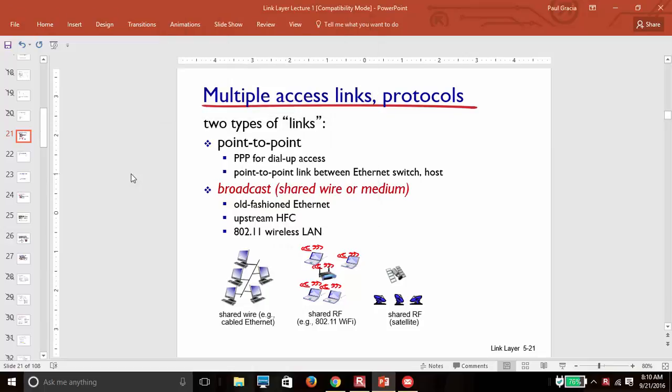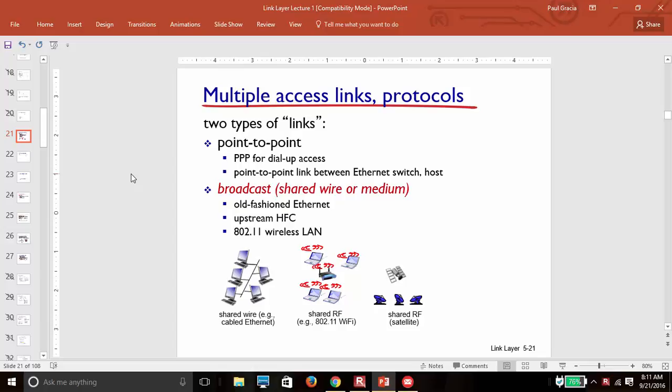Okay, next we're going to talk about probably one of the most important concepts of the link layer, which is access links and access protocols, and how we access multiple link types. That's one of the things that the link layer has to deal with. There are two types of links that we're going to address: point-to-point and broadcast.